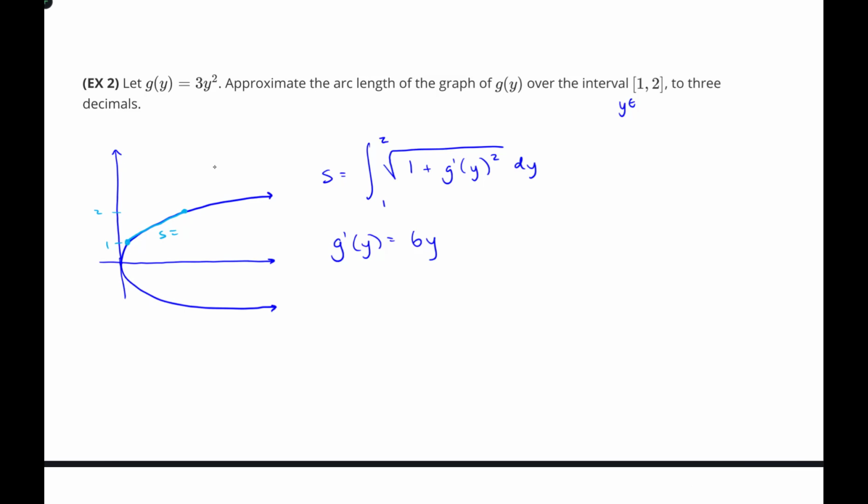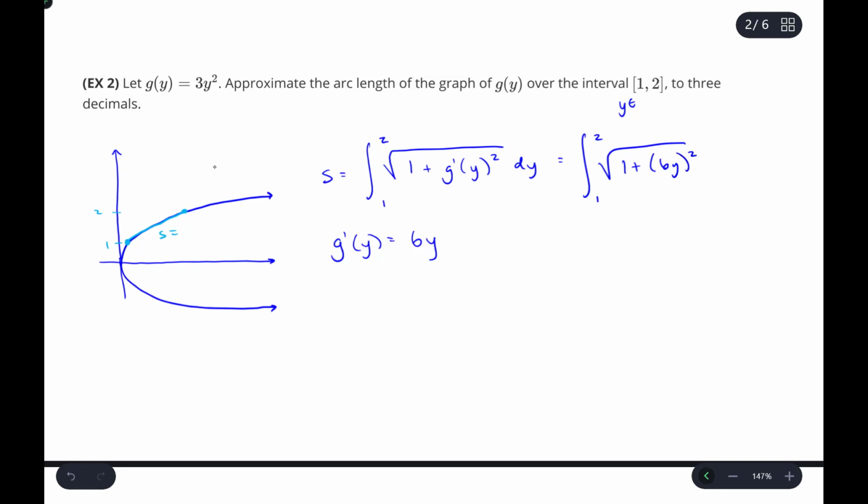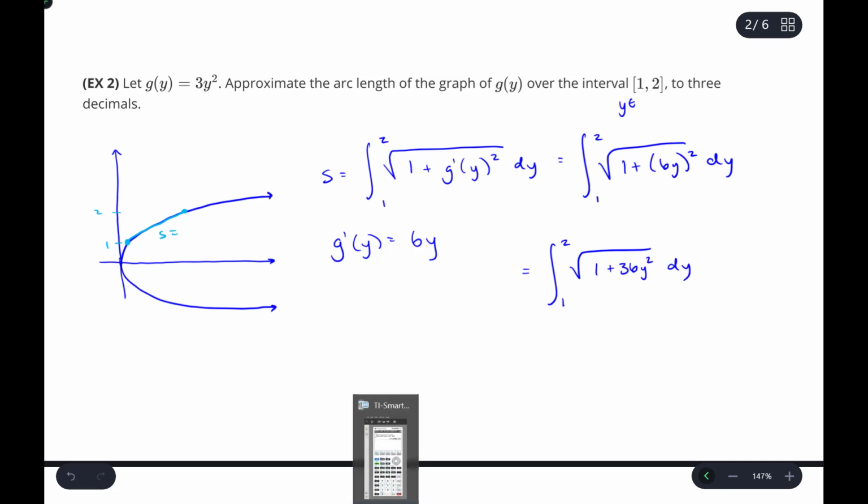So my arc length formula then would become the integral from 1 to 2 of the square root of 1 plus 6y quantity squared dy, which you could leave as is, or if you wanted to make it easier to type in, 36y squared, that's fine.